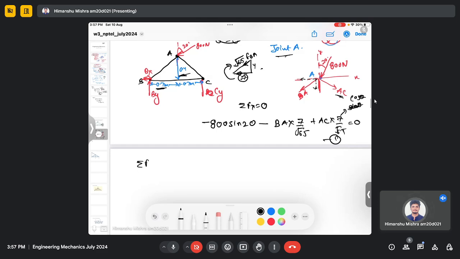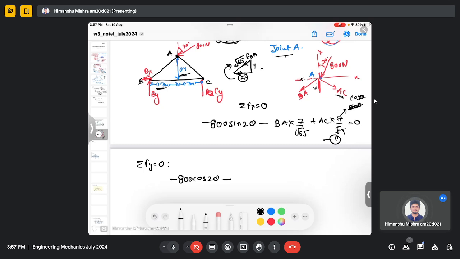Then we do the force balance in the vertical direction, which equals 0, and we will have minus 800 cos 20, and we can see that all the forces are in the minus y axis, so all the forces are negative.